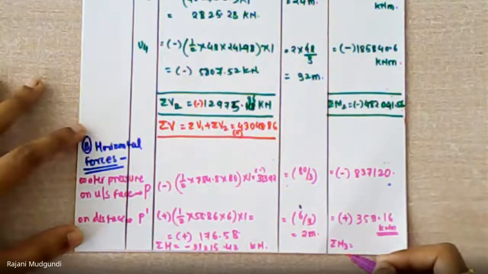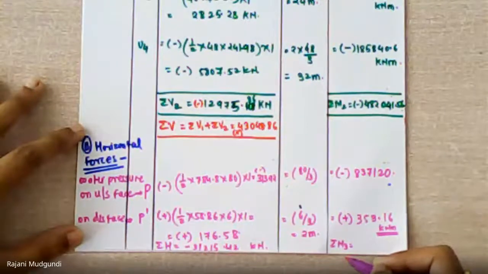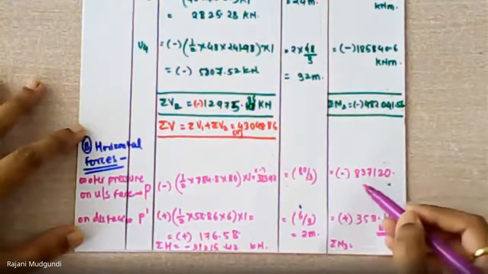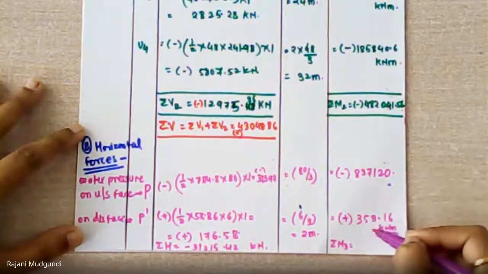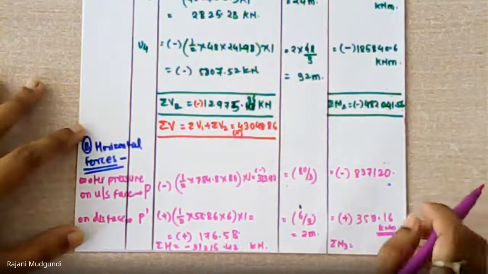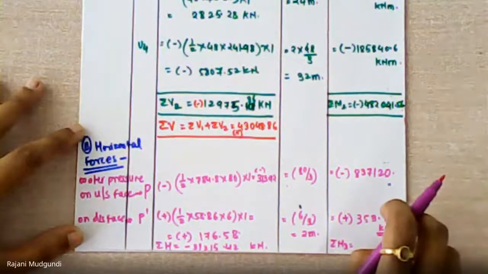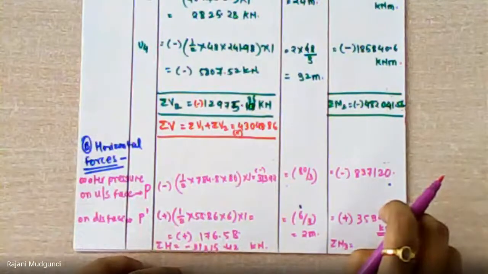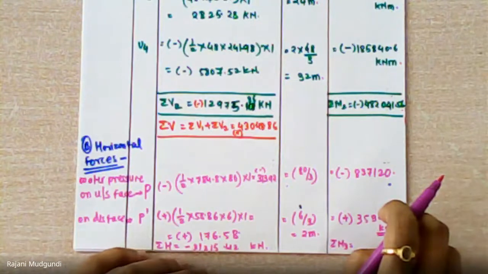Summation M3. So minus 837120 plus 353.16. Okay, I'm getting the values as minus. Why is there a discrepancy in the values of moments?